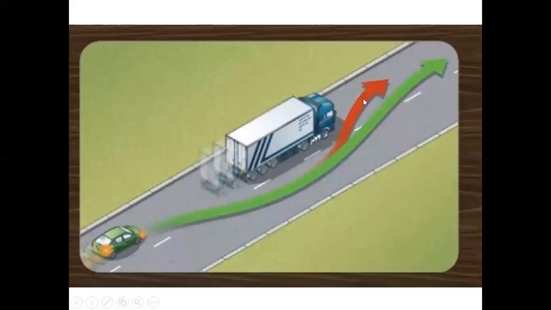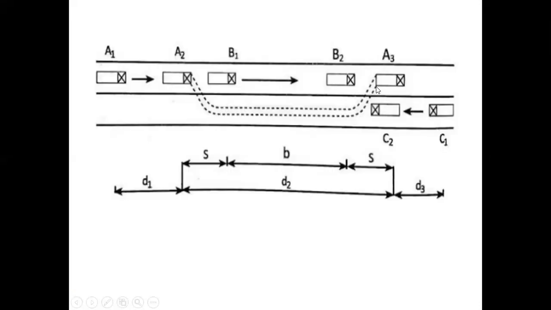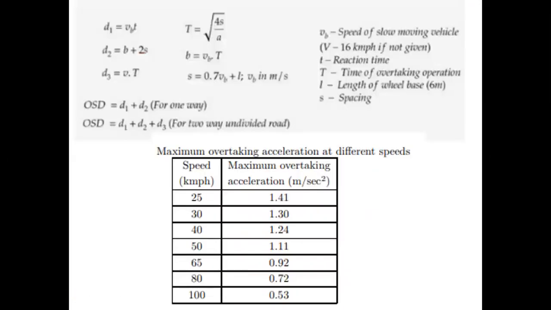That is the overtaking time. Then you have the length, as I told you, the length of the wheelbase. Generally, they have derived it empirically. You can study the spacing formula as 0.7 V_b plus 6. Study it as it is. That is the spacing. Sometimes, you can see the table I have given here, in case they don't give any acceleration, maybe you can study some values.